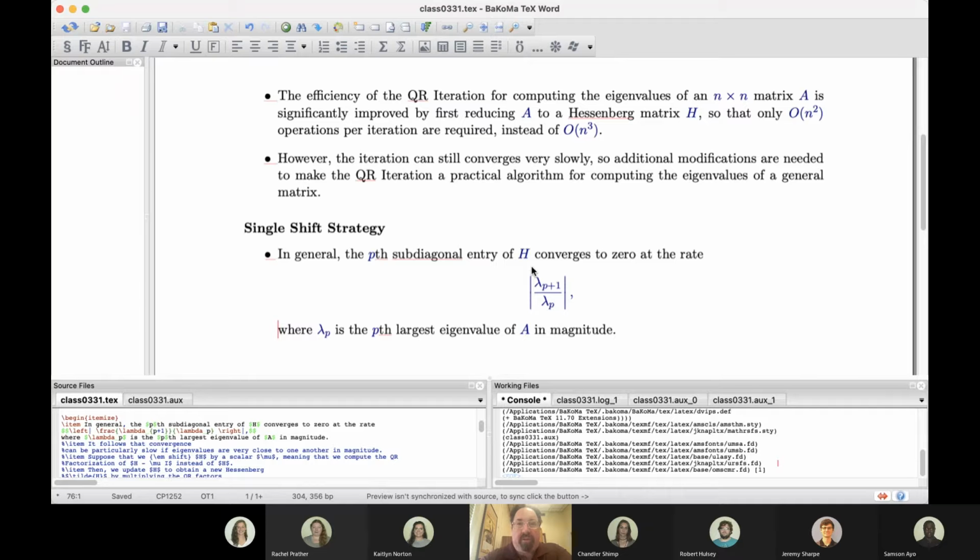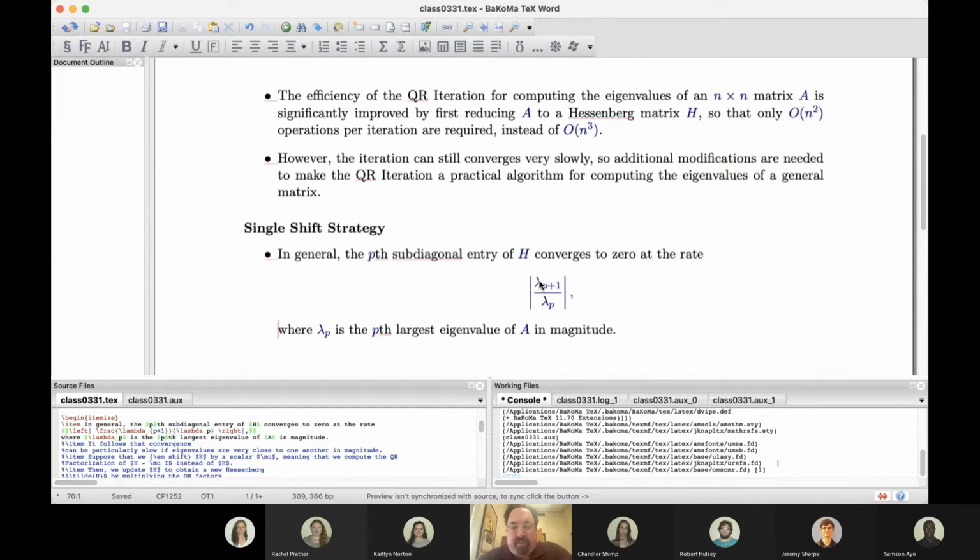To get this upper triangular form, we need to keep applying transformations to H to make these subdiagonal entries 0. How rapidly do they go to 0? This is how fast. If we use the convention that lambda 1 is the largest eigenvalue followed by lambda 2, etc., each subdiagonal entry goes to 0 at this rate, and that can be very slow if these two eigenvalues are very close together in magnitude.